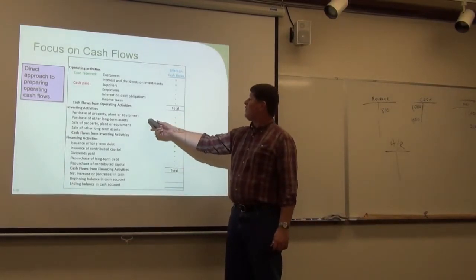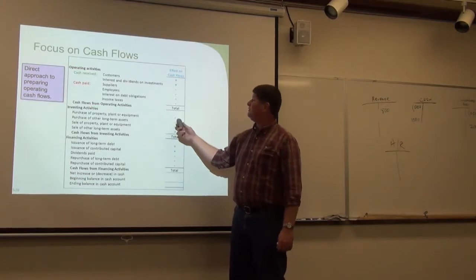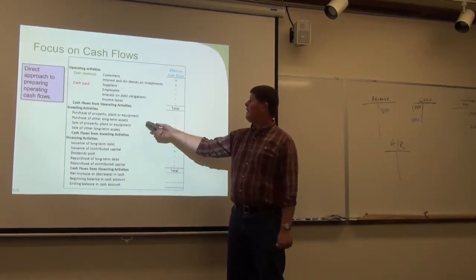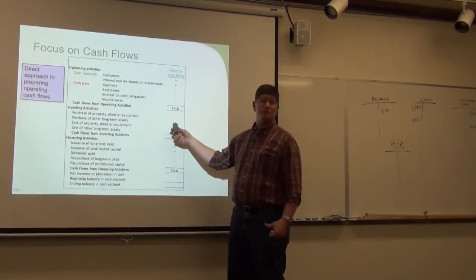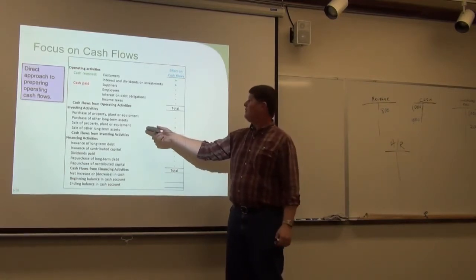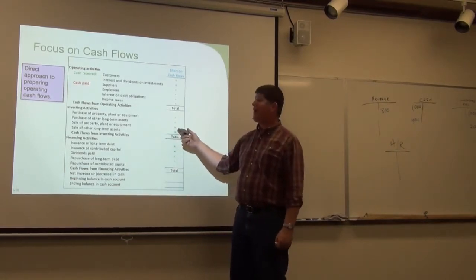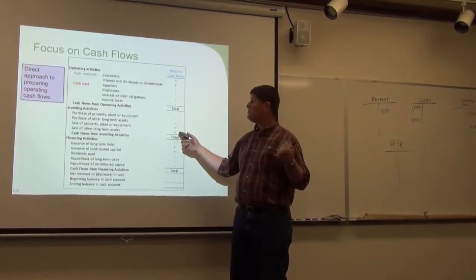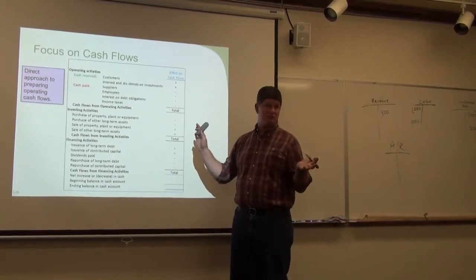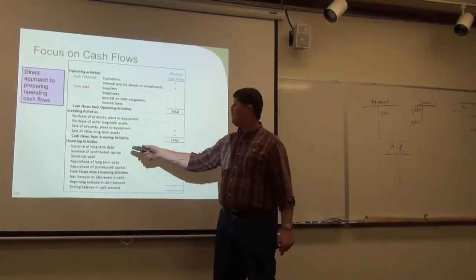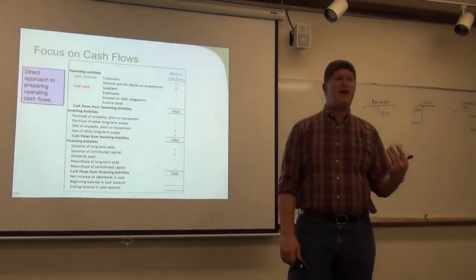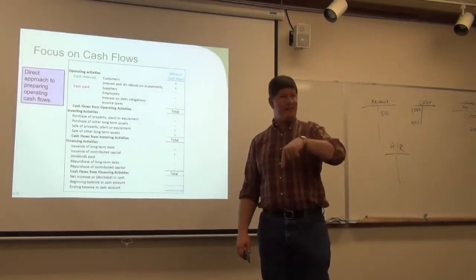Investing activities. If we buy a new piece of equipment, cash goes where? Out. If we buy a building, cash goes out. If we sell a building, cash comes in. We sell a piece of equipment, cash comes in. Good? Financing activity. We go borrow money from the bank. Cash goes where? In.